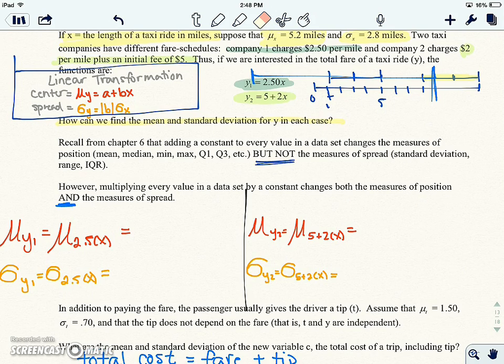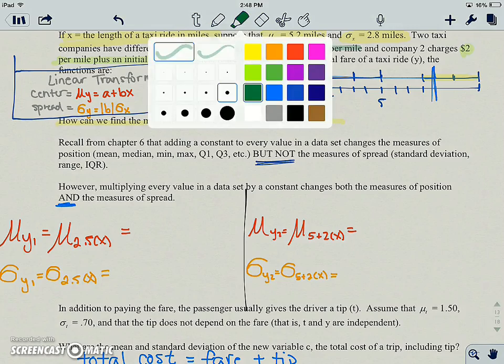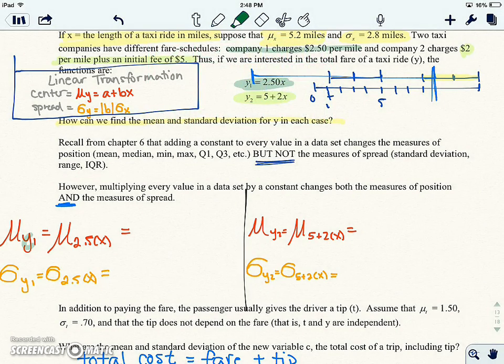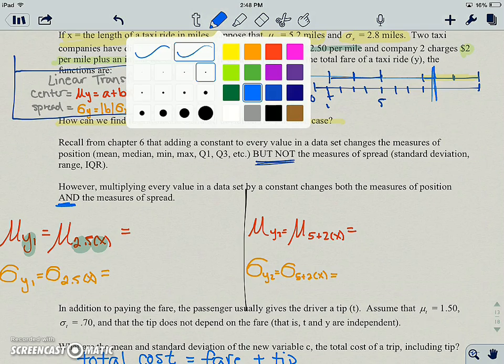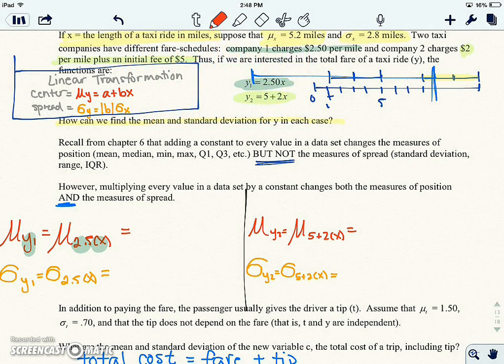So here's our thought. We're going to go to Company 1. We want the average for Company 1, and Company 1 is $2.50 times the miles per ride. And the average miles per ride was 5.2, so 2.5 times 5.2, and we get an average ride of $13.